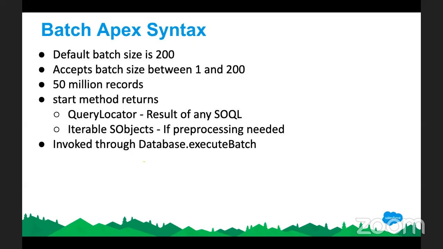We can process XMLs, we can process CSV files, and they can be very big. If we pull them into normal synchronous methods, that can go into heap size errors. So at that time, we will use these iterable objects. Basically, we will convert a big blob into a list of records. Then again, we will process them as batches.